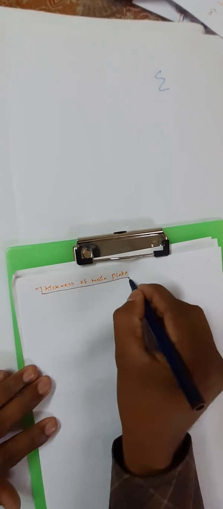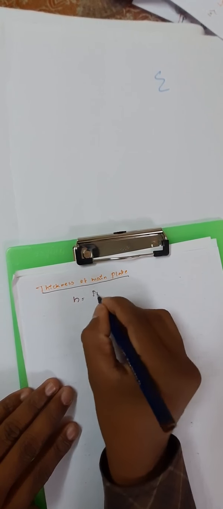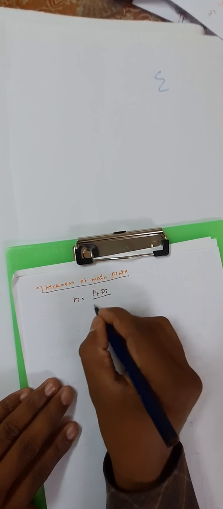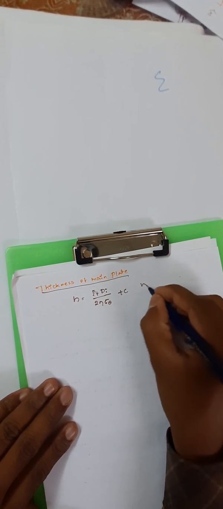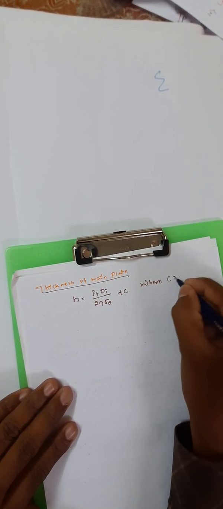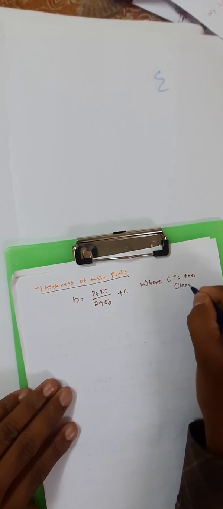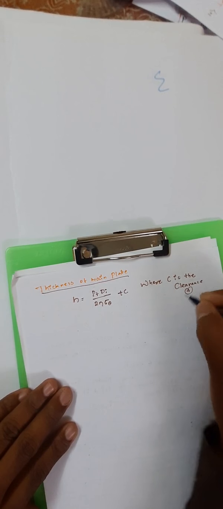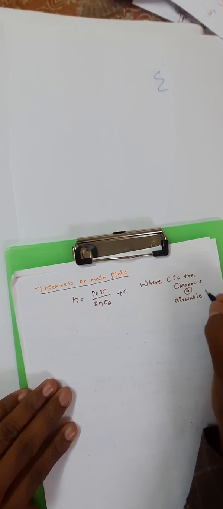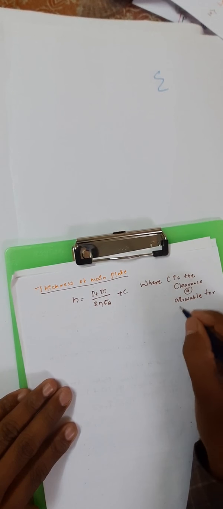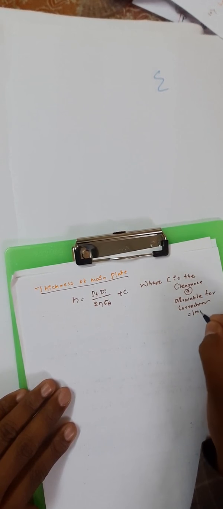So we know the equation: h is equal to P di divided by 2 eta sigma t plus C, where C is the clearance or allowance for corrosion, that is equal to 1 mm.